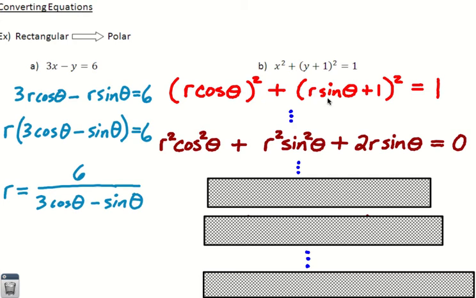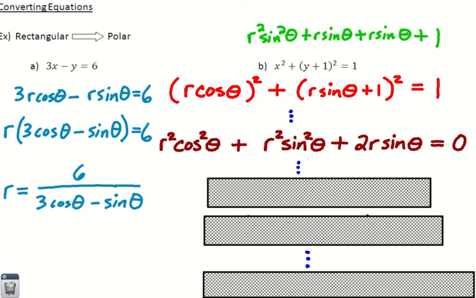So maybe I will write up above here, when you were to FOIL, you would get r squared sine squared of theta plus r sine of theta plus r sine of theta plus 1 when you do firsts, outers, inners, lasts.